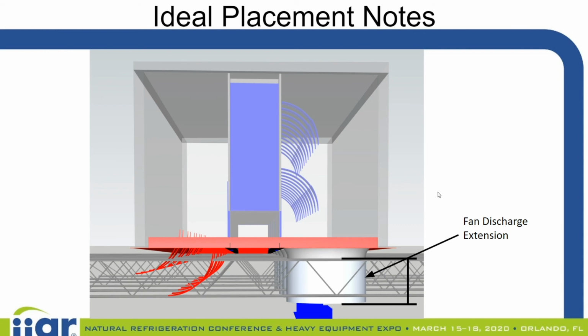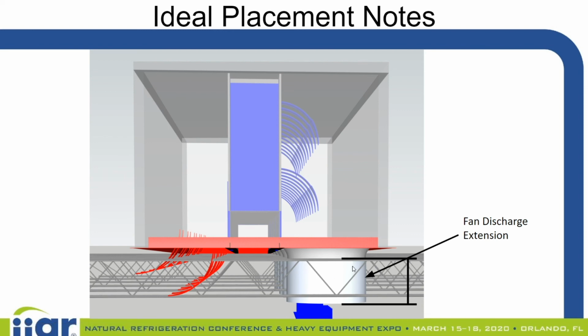Another thing we want to talk about is the fan discharge extension. This is kind of akin to a long throw adapter on an aisle evaporator, but it provides additional separation of the discharge airstream from the return. So we have return air coming over here, and it's lower velocity than the discharge from our fans, but we want to keep these airstreams as separate as possible to get maximum utilization of our penthouse evaporator.